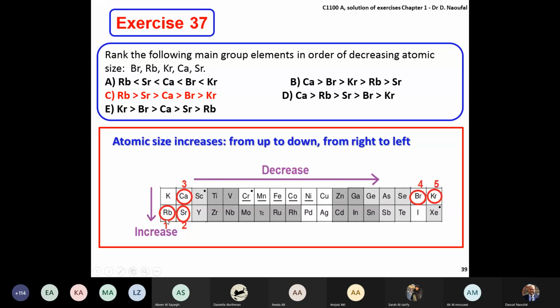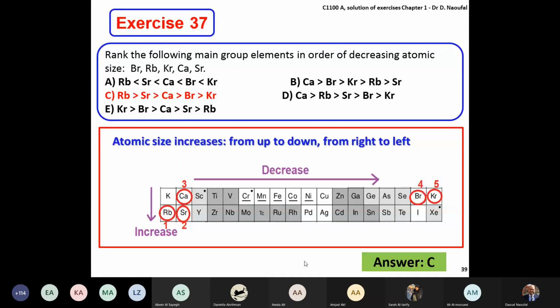So rubidium Rb has a radius greater than Sr, and Sr has a radius greater than Ca, and Ca has a radius greater than Br, and Br has a radius greater than Kr. So the order is Rb, Sr, Ca, Br, Kr. So the correct answer is C.